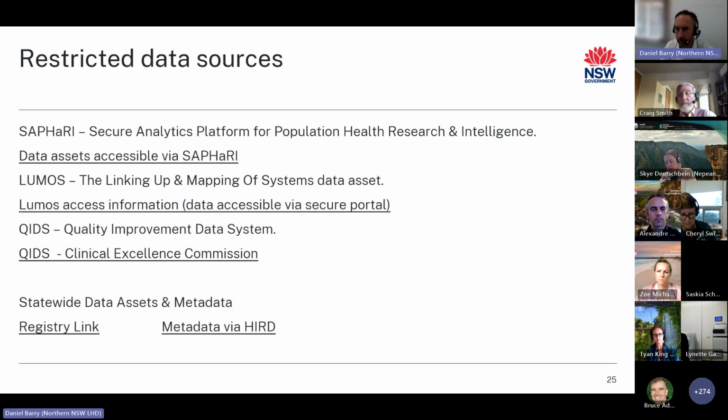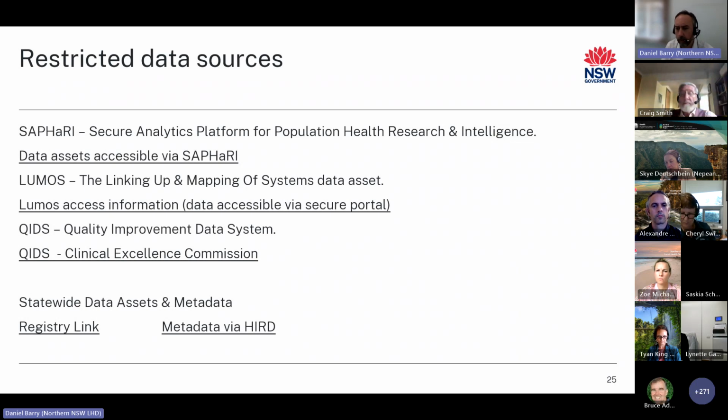And the last source of data that I'll talk about is QIDS, which is the Quality Improvement Data System. And people are probably more familiar with this than with the other two. It's restricted access, but it's an aggregated data tool that's fairly broadly accessible.